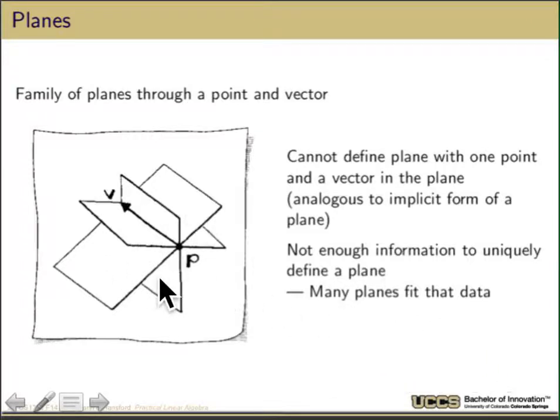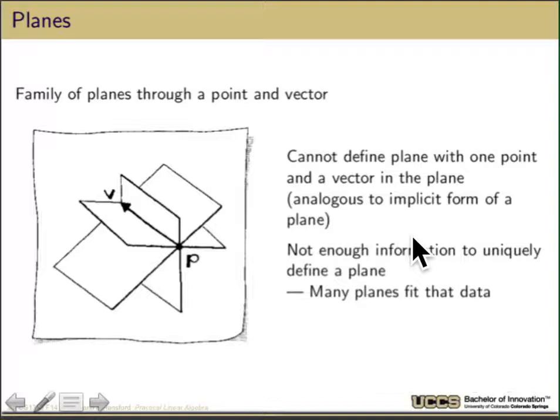A lot of planes go through it, which is why we use the idea of a point and a normal to the plane, because then, other than the fact that I can have a normal pointing up or down, there's no ambiguity. So point normal form gives the plane a direction, but other than that, there's a unique representation. Here, with a point and a vector, all these planes go through this line, this vector.